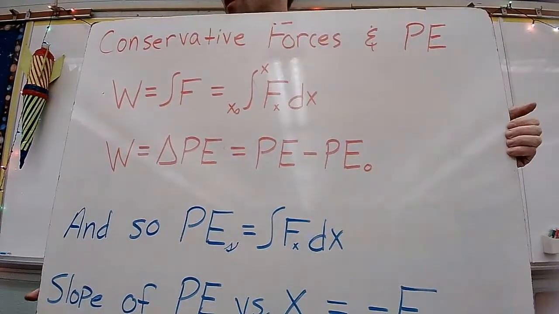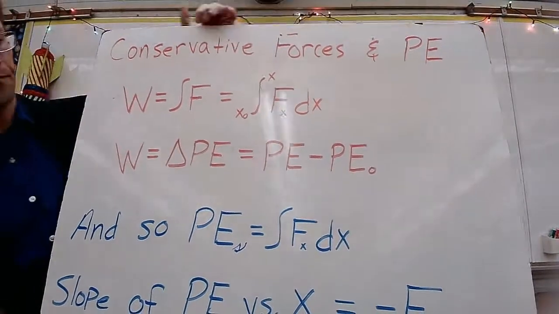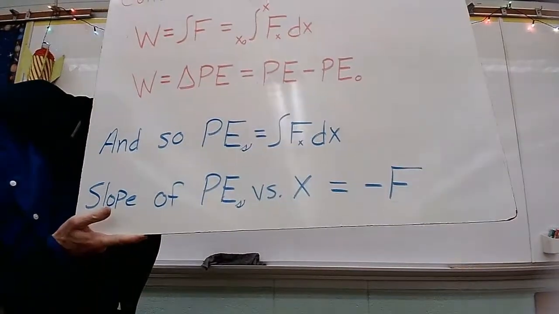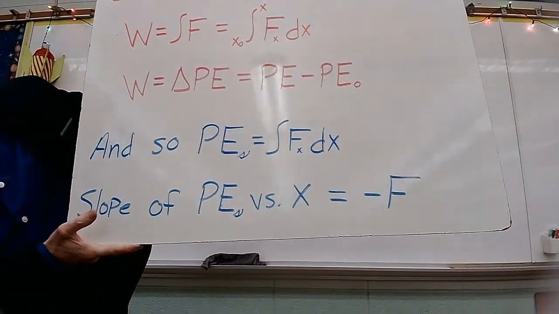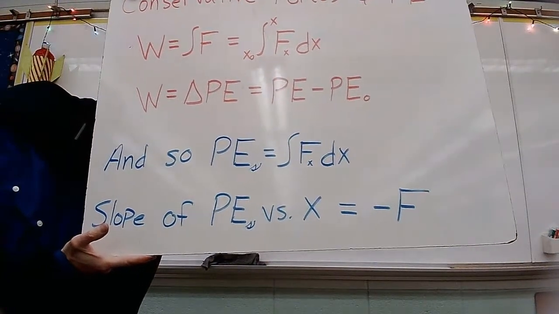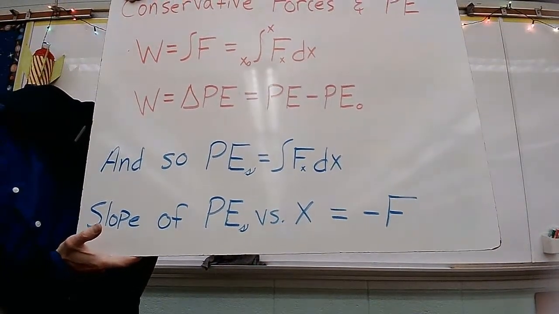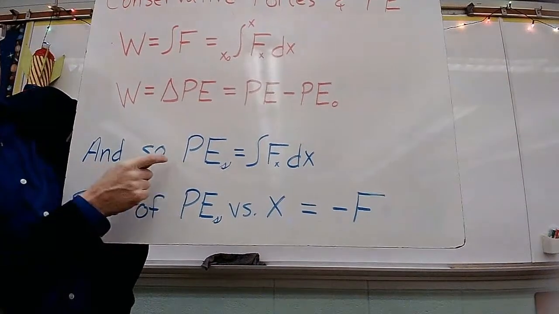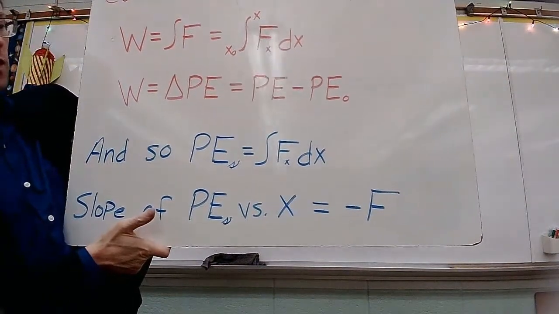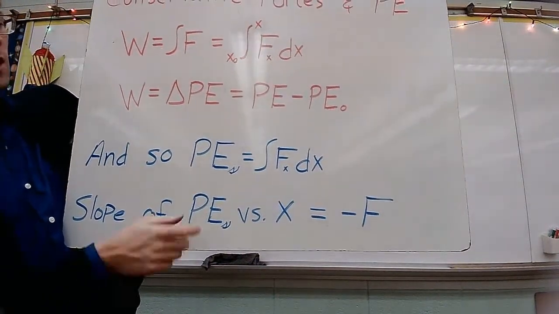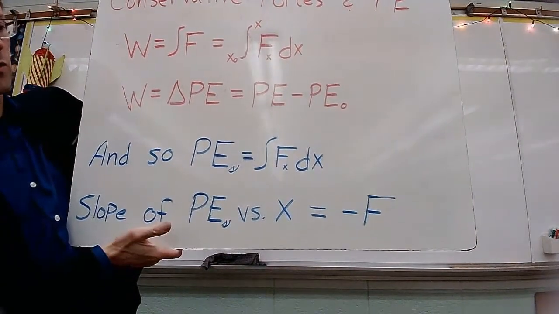In terms of what's here on the bottom, in blue, it says, and so spring potential energy is equal to the integral of force with respect to distance. What I'd like to make sure you're aware of is that this is not just relegated to spring potential energy. This is also regular potential energy.